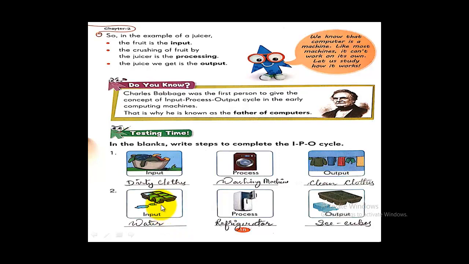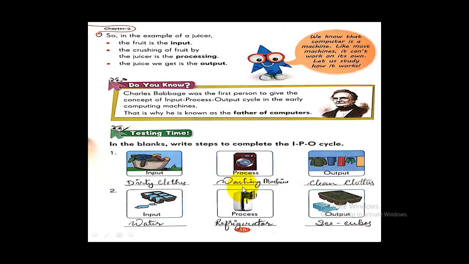Now the next process is given here. Now we put water, and what do we get? The output will be ice cubes. We put water in the container, then that container we put in the freezer of the refrigerator.